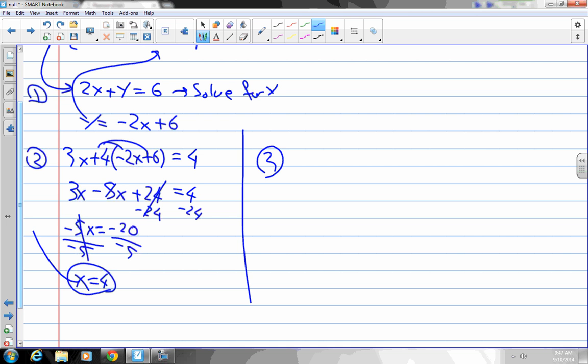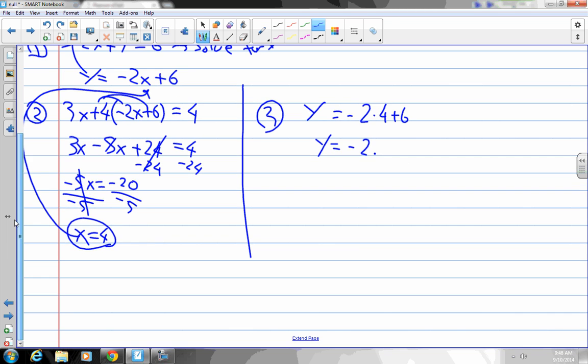Yeah, so take that, substitute y equals negative 2 times 4 plus 6, so y equals then negative 2. So the solution is 4, negative 2. Is that okay?